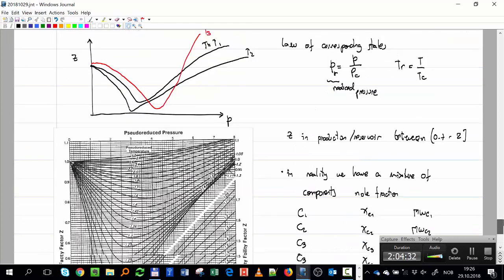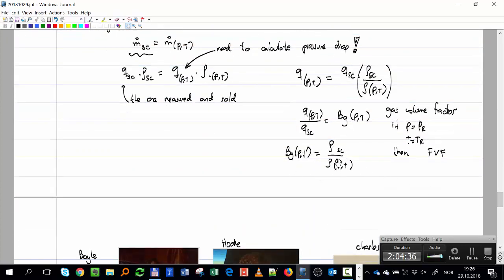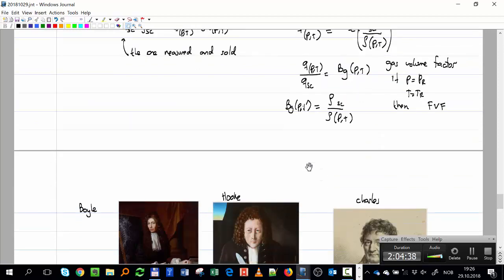Then I can calculate what I need to use the same chart. Now we have one more step before we go to the exercise. We have this expression here, and we have to use that.